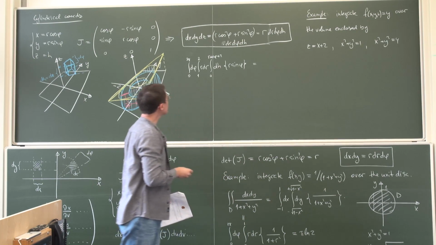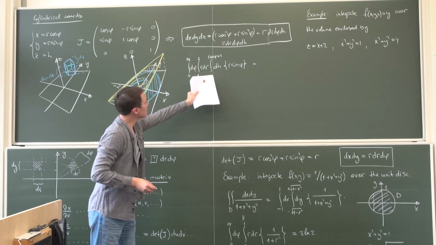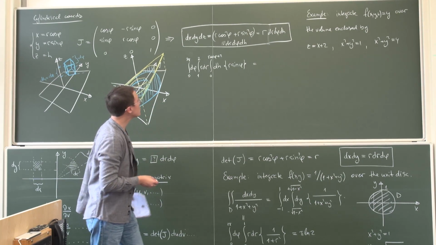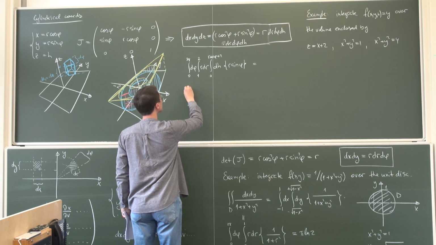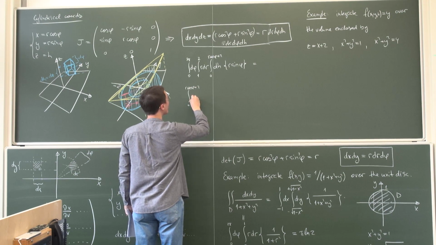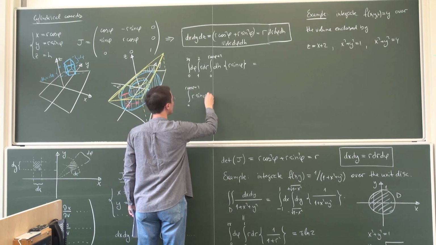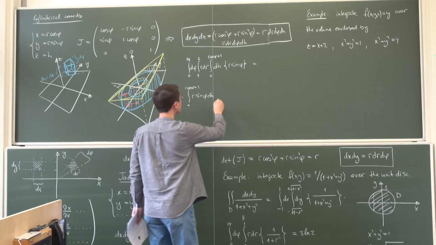Okay, so the first step is, this doesn't really depend on h. So let's take the inner integral first. Integral from 0 to r cos phi plus 2. It's really simple. r sine phi dh. Well, this doesn't depend on the integration variable, can be taken out.